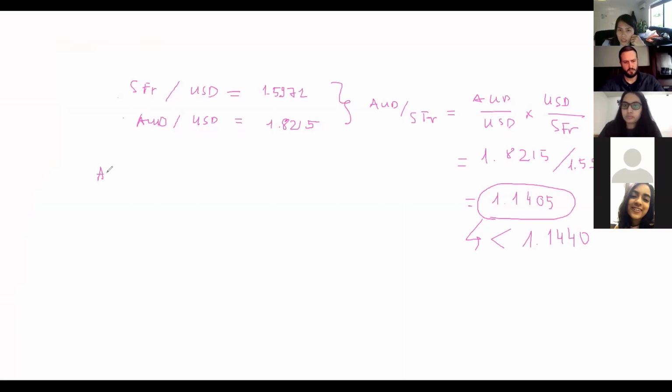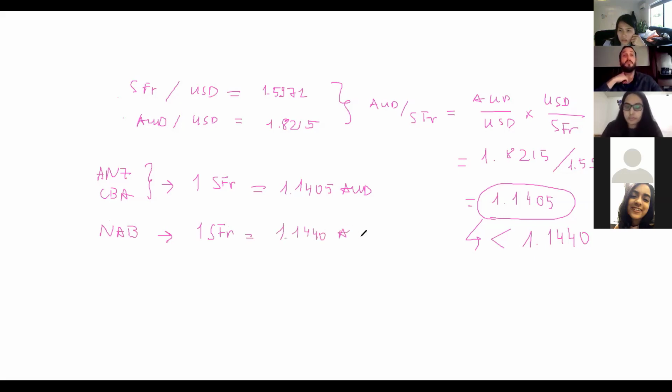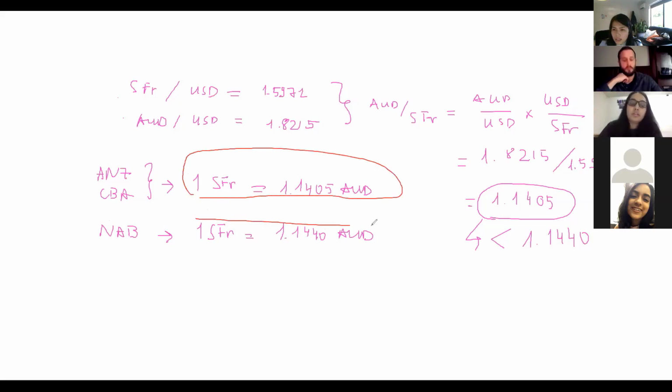Here with ANZ and CBA, they are currently pricing 1 Swiss franc at 1.1405 Australian dollars, whereas the other bank, NAB, trades 1 Swiss franc at 1.1440 Australian dollars. So we have detected that an identical asset is traded at two different prices in two different places.